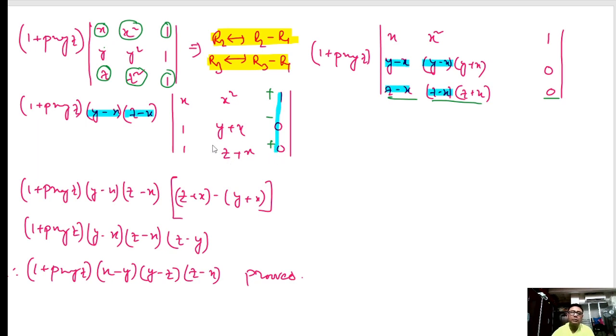Clear? So now when I choose 1, then I have to choose this part. So it is 1 into this minus y plus x into 1, so it comes out to be this, and then we get the answer. This is how we prove it.